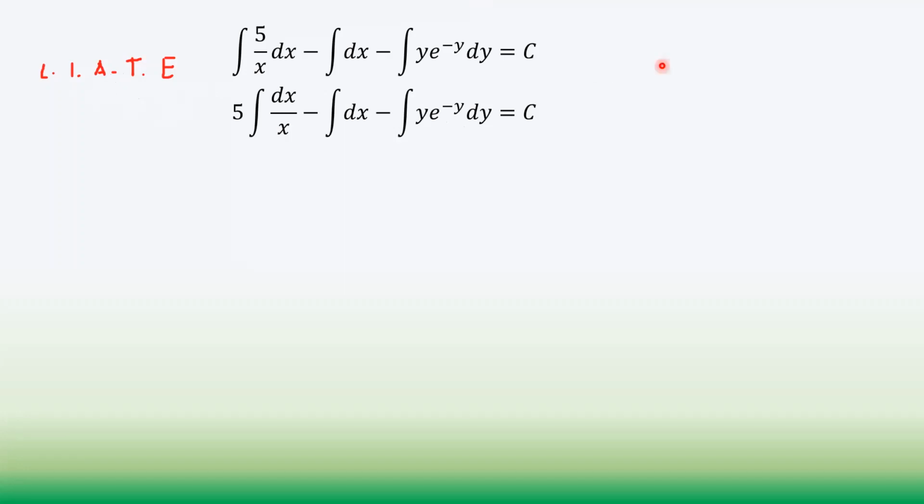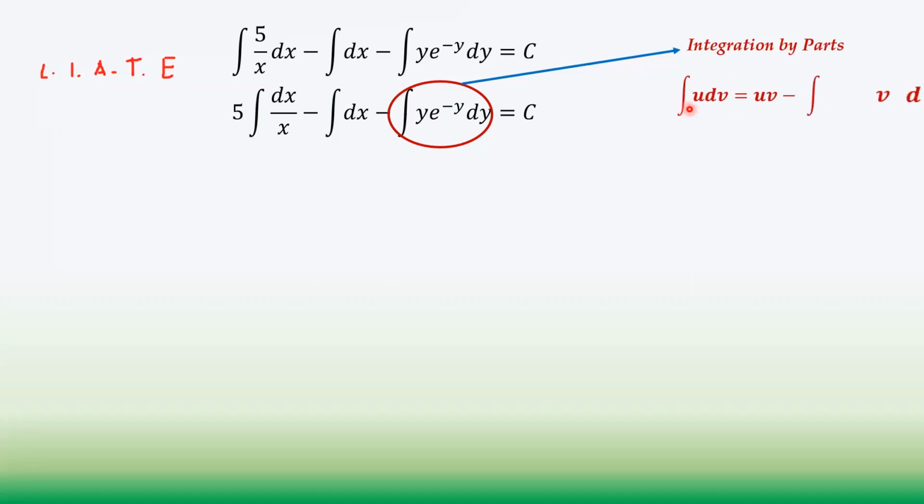Okay. So, ano ba ang integration by parts? We're going to apply integration by parts. Ito yung integral of u dv equals uv minus integral of v du. So, we're going to choose u and dv, and we're going to differentiate u para magkaroon tayo ng du, and integrate dv para magkaroon tayo ng v.